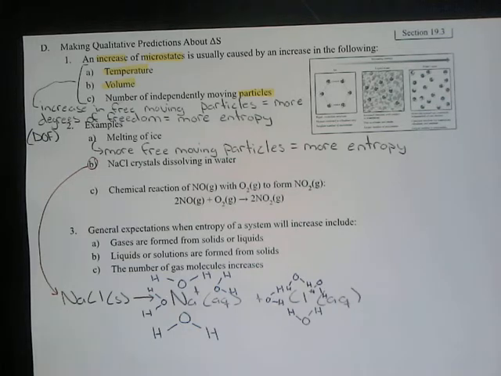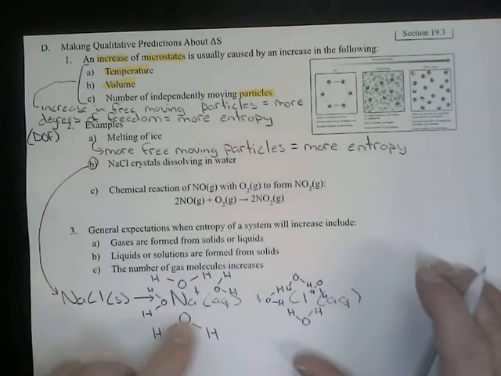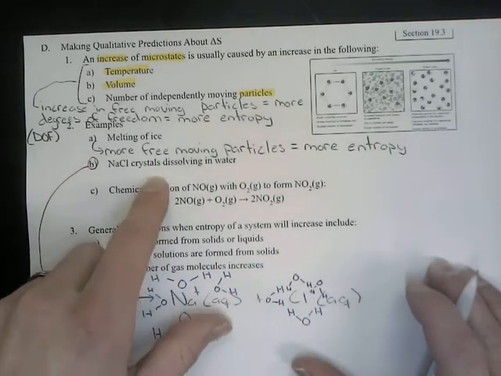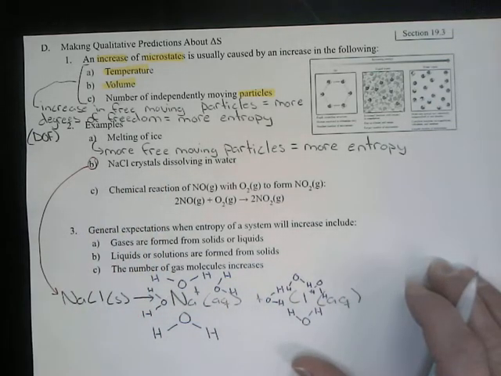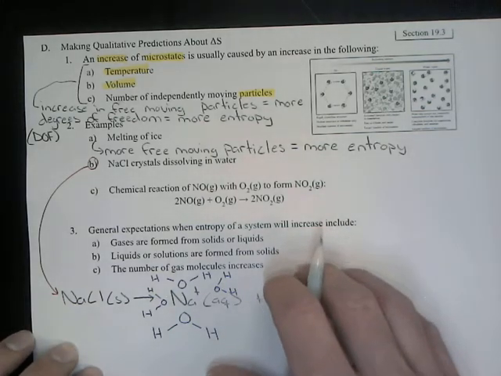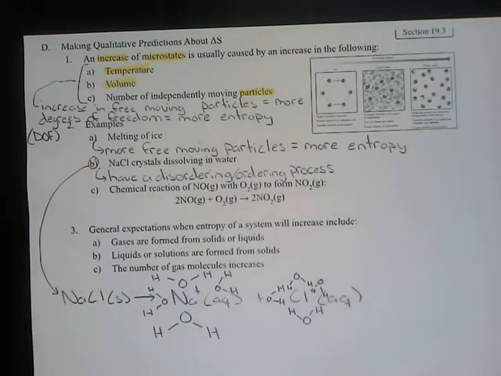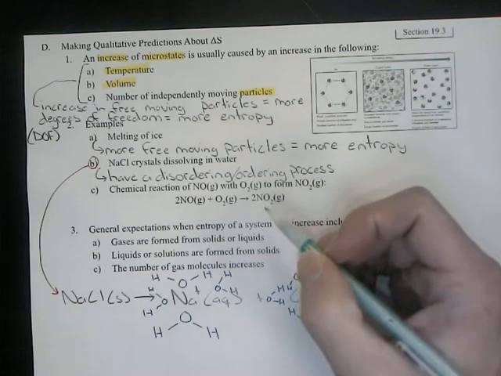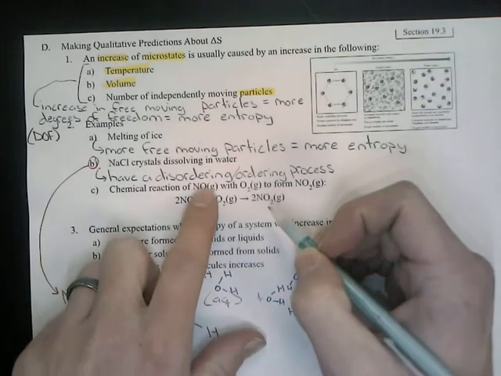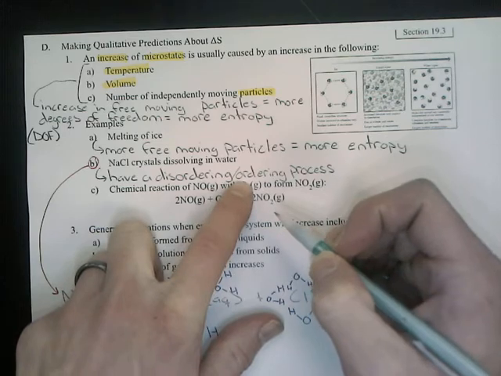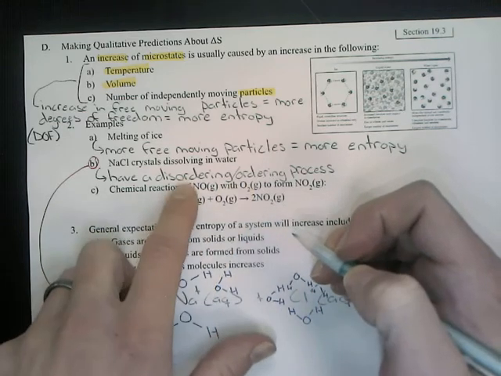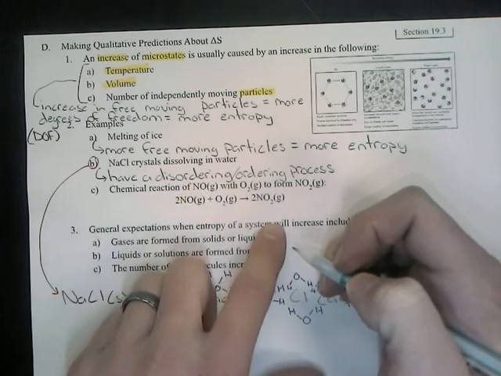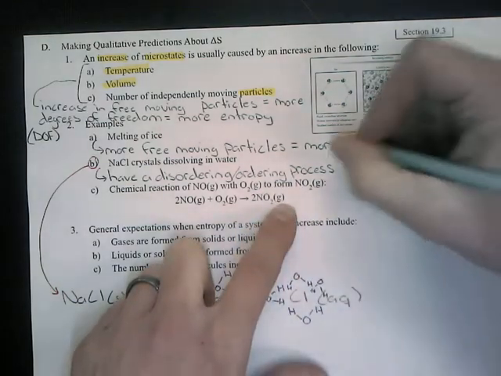So as a result, this whole process of NaCl dissolving in water has both an ordering and a disordering process. Now, you may think, okay, what do we choose if we have both? Well, usually the disordering dominates, and so that means we have more entropy.